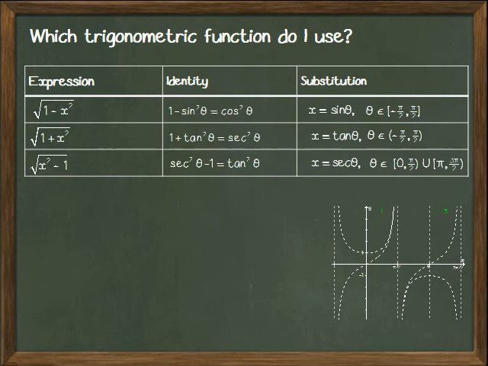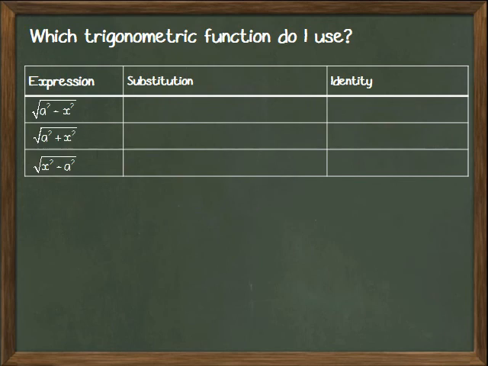Because we need our sec theta to range from 1 to infinity, but also from minus infinity to minus 1. And at the same time, we want tan theta to be positive on the intervals that we work on, and therefore the first and the third quadrant are the suitable restrictions on theta.